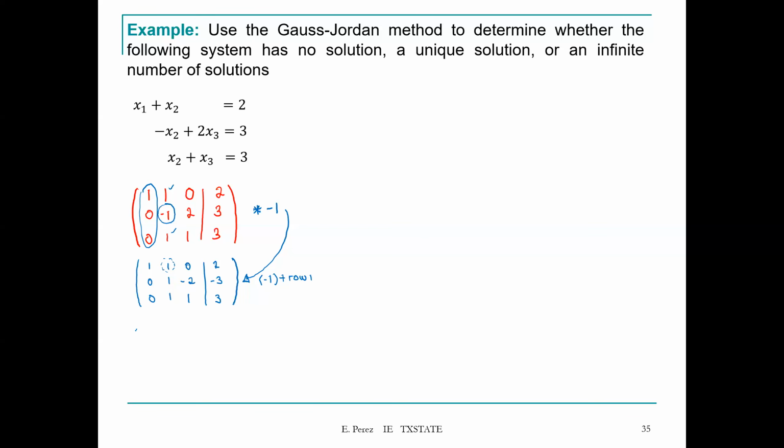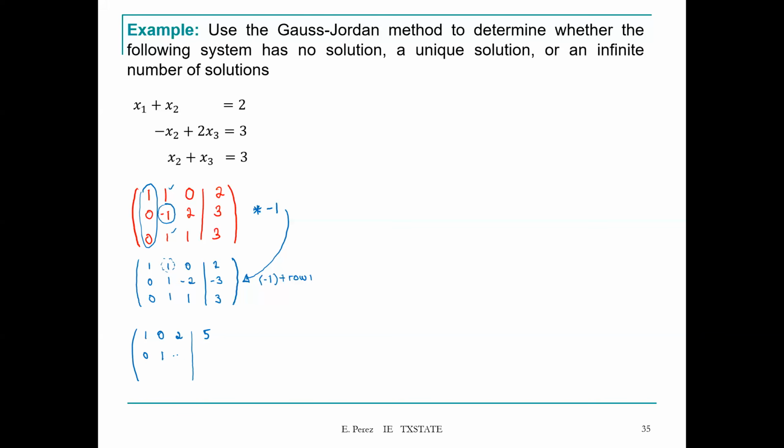So in that case, we get the following: 1, 0, 2, and 5. And then the rest of the matrix is the same.